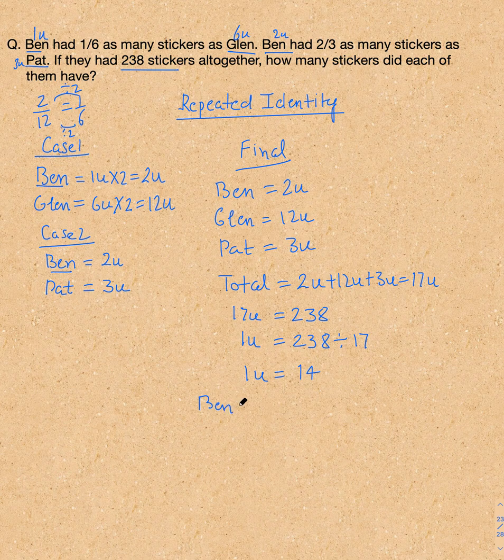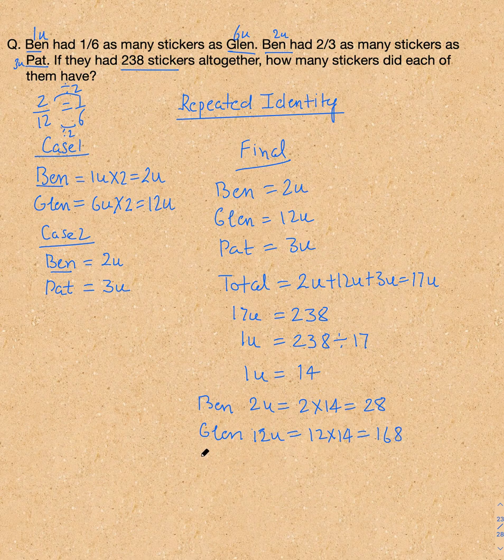So let's do that. Ben is having 2 units, so 2 units is equal to 2 times 14, which gives me 28. Then Glenn is 12 units, so that will give me 12 times 14, which is 168.